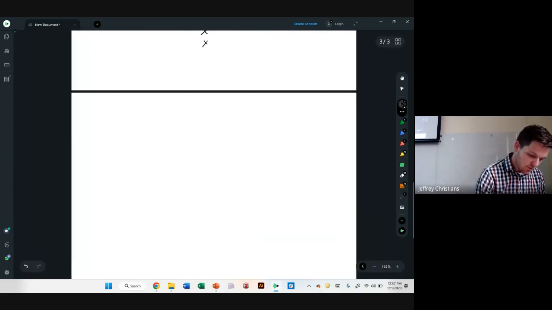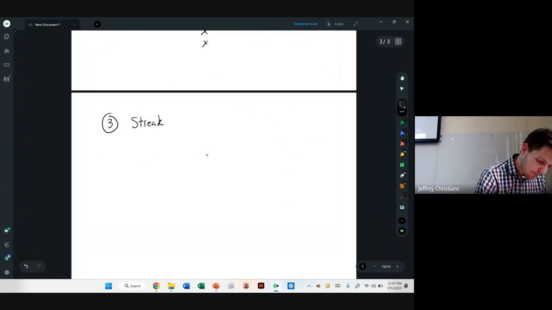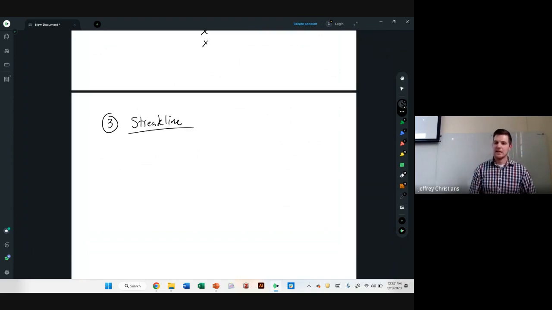All right, last one is a streak line. So timeline, path line, streak line.